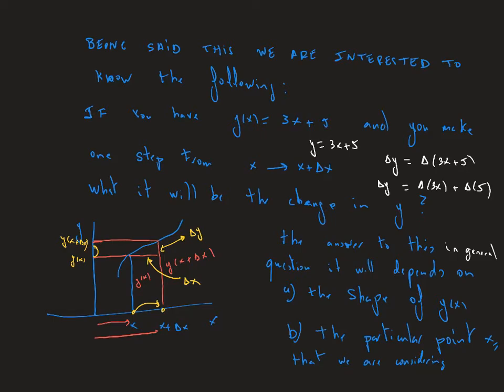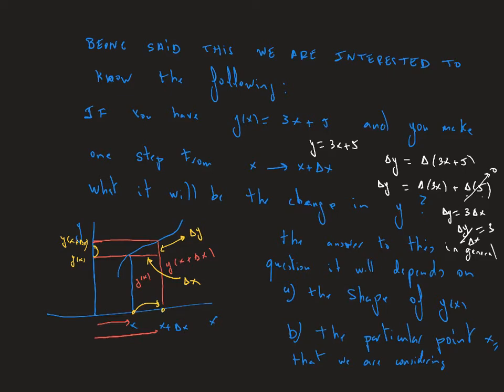But delta of 5 is the change in the number 5. But if the 5 is constant, the change of the number 5 is 0. So delta y will be 3 times delta x. So delta y divided by delta x will be 3. And 3 is the slope of this function.